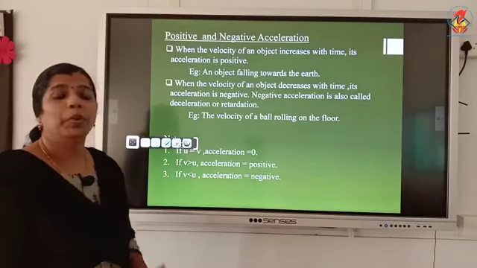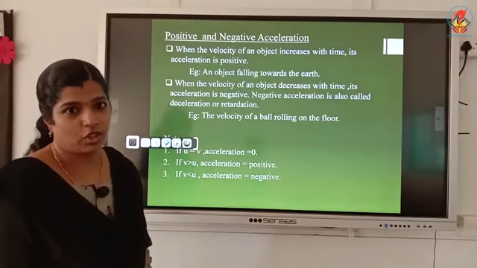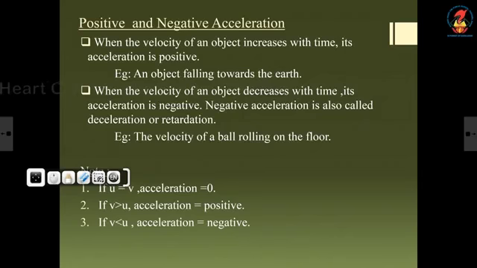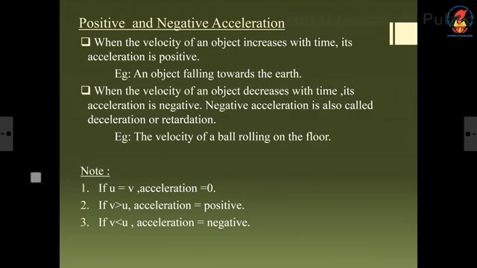Now, positive and negative acceleration is there. Positive acceleration means if the velocity is increasing with time, it is known as positive acceleration. Suppose for example, an object falling towards the earth. That is having positive acceleration.